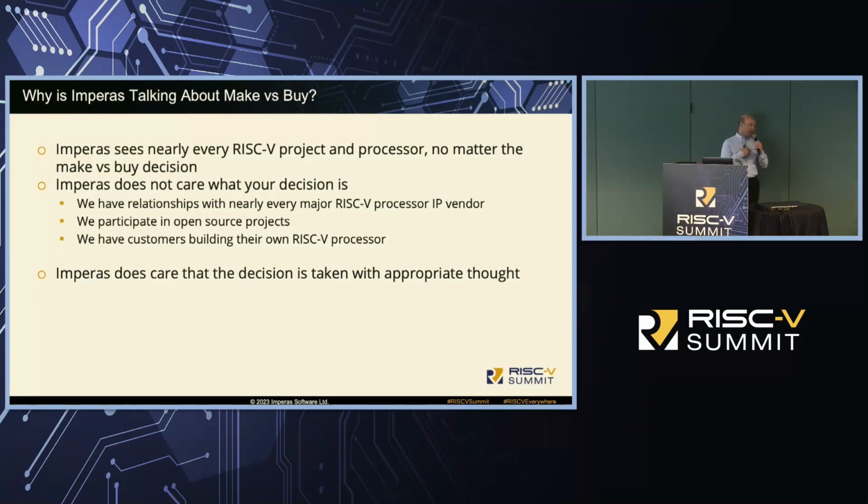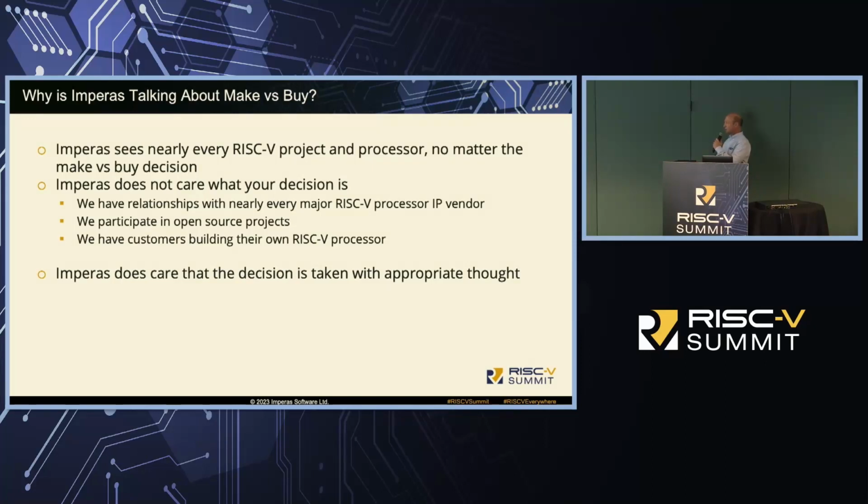So I'm from Imperas. Imperas does not build RISC-V processors. We're actually a tool company. We build models, we build simulators, we build other IP. So why am I up here talking about processors and make versus buy? Well, I'm up here because we see nearly every RISC-V project and processor. It doesn't matter whether it's a make or a buy decision.